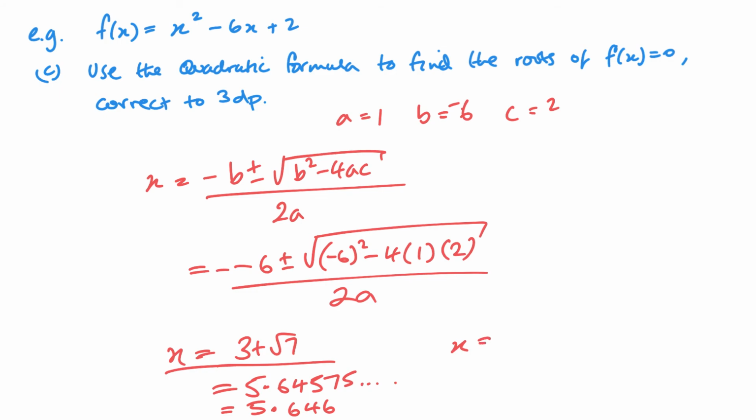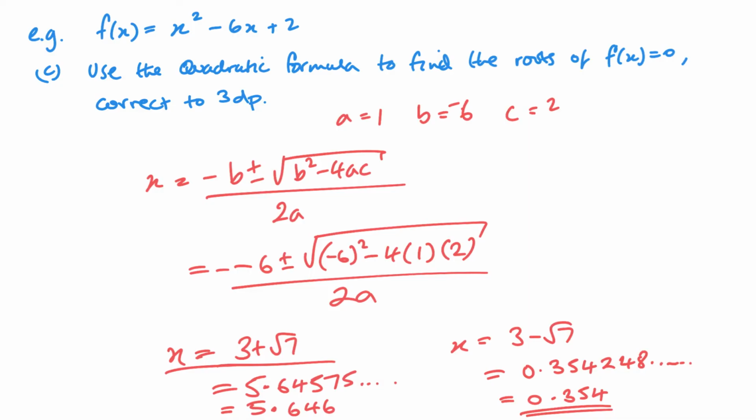And then my second answer is 3 minus root 7, which is 0.354248 and so on. It carries on, which you can see is 0.354 correct to 3 decimal places. So just like what we got through the iteration formula.